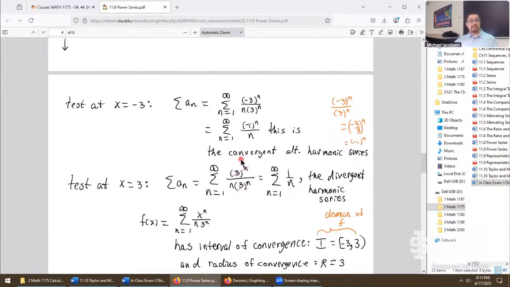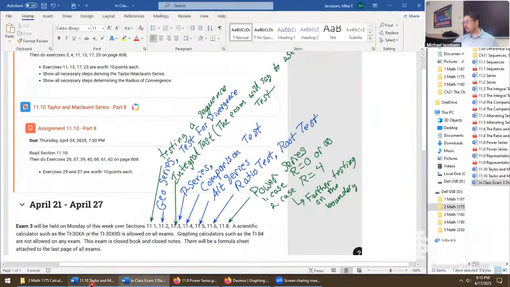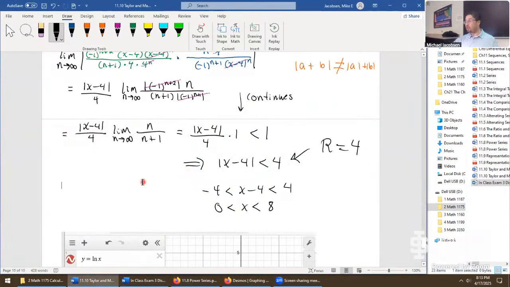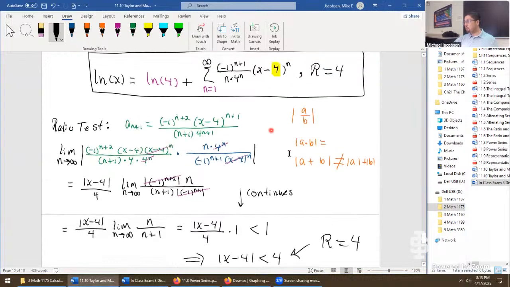But this is not too dissimilar from the exam. The further testing is going to be pretty fast. It might be a p-series. It could just be something like this. You name it as harmonic, alternating harmonic, and the foregone conclusions about them. So that's what's going on so far with this kind of problem.